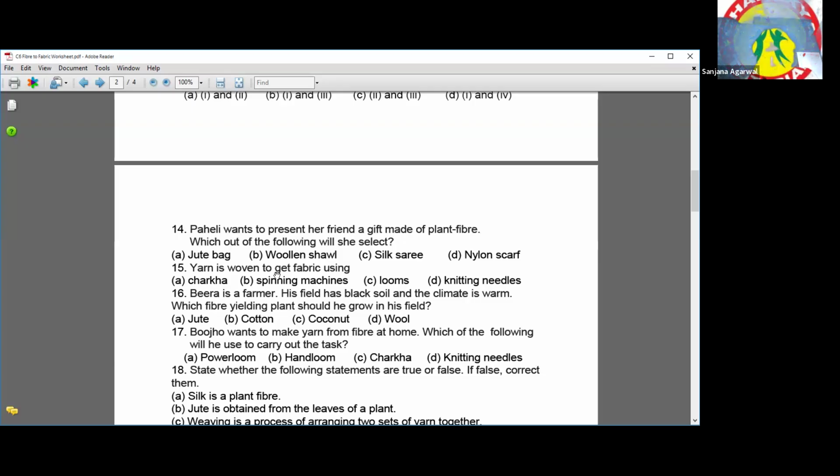Sixteen. Veera is a farmer. His field is black soil and the climate is warm. Which fiber should he grow? Good, Neha. Correct, Nishika. Fine. 16 is correct. Seventeen. Bujo wants to make yarn from fiber at home.